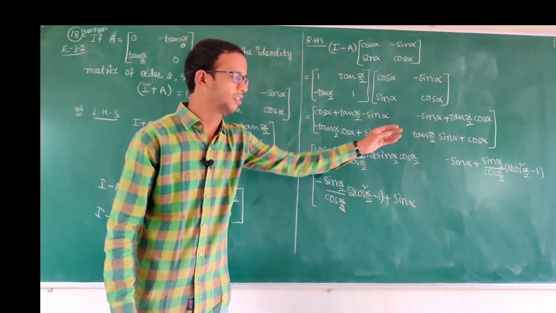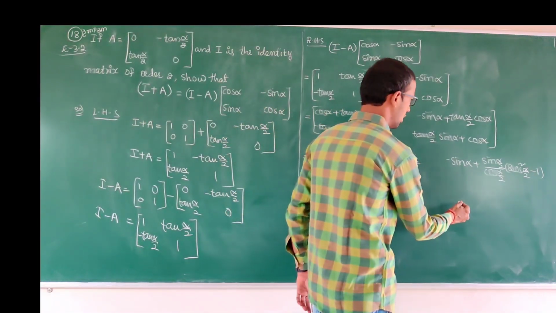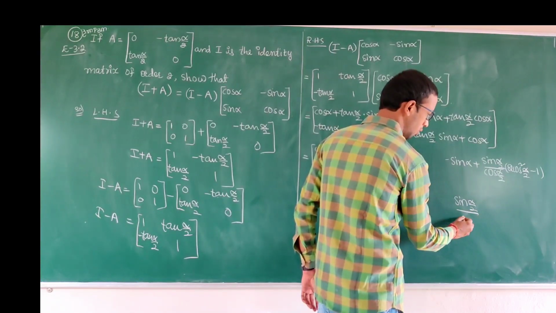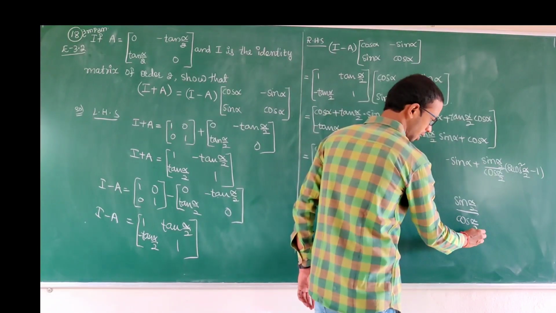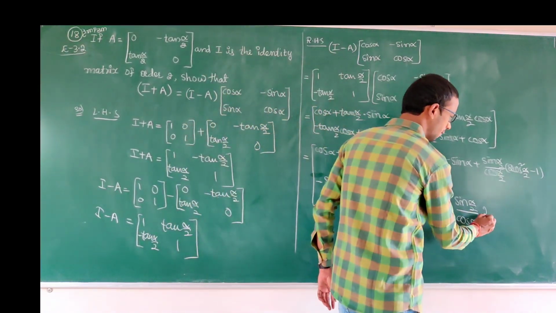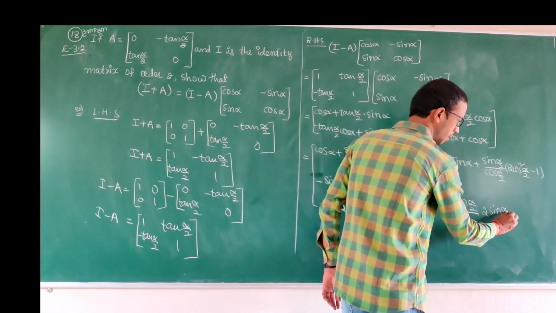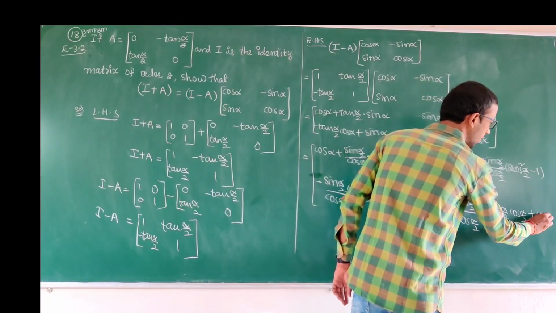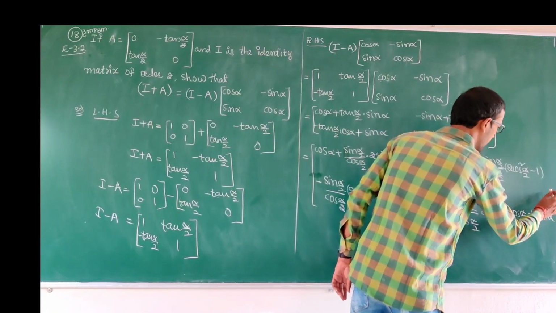Next, here simplification, sin alpha by 2 by cos alpha by 2, sin alpha formula 2 sin alpha by 2 cos alpha by 2, plus cos alpha.